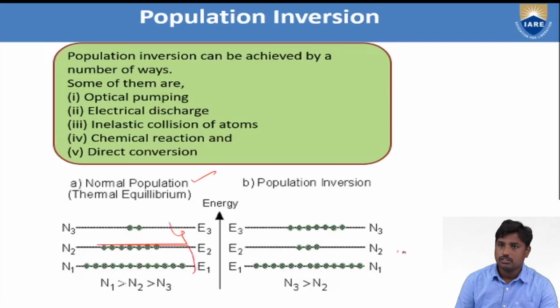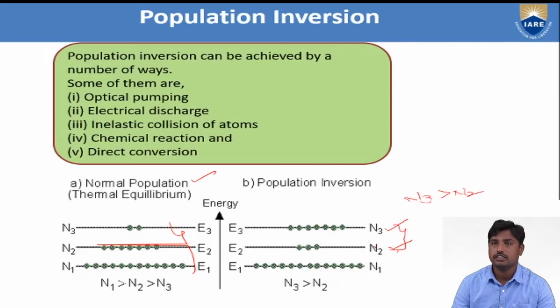Coming to population inversion, the number of atoms in the excited state is greater than in the lower energy state. In the diagram, N3 is greater than N2, and between these two energy levels we achieve population inversion.